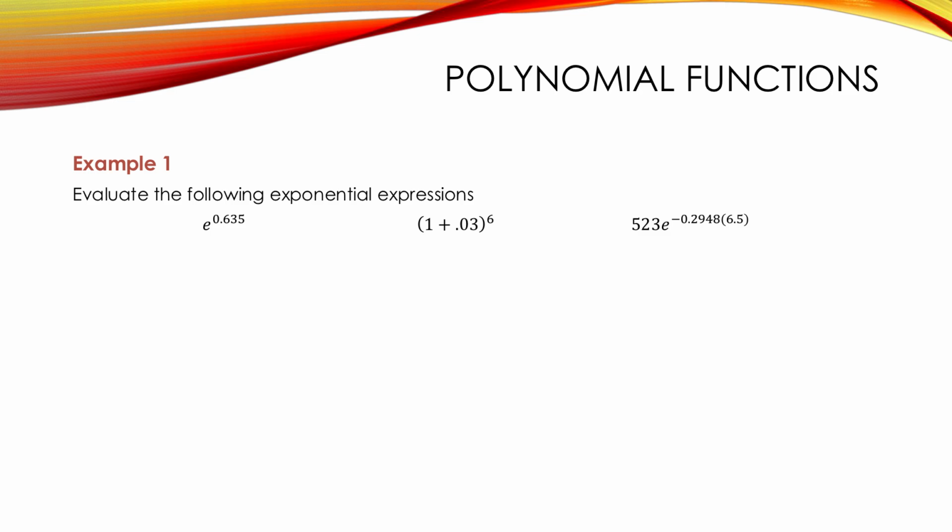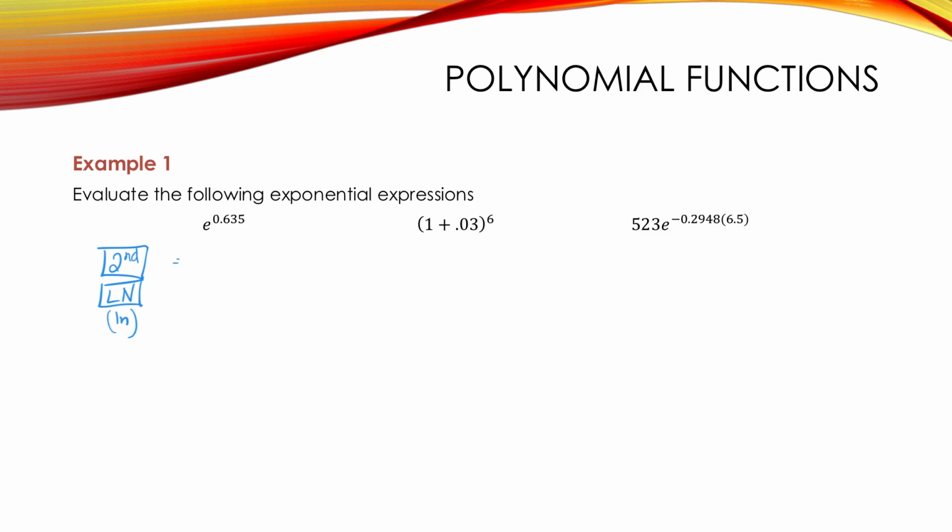The first one is e to the 0.635. So the way you're going to put this into your calculator is you are going to hit second and then the natural log button. It may be capitalized. If you have an older calculator, it will look like ln lowercase. If you have a newer 84 CE, they are in lowercase, but the older 84 Silver Plus editions and things are all uppercase. So it would just be second, and then the natural log button, whether it looks like a capital LN or a little ln.